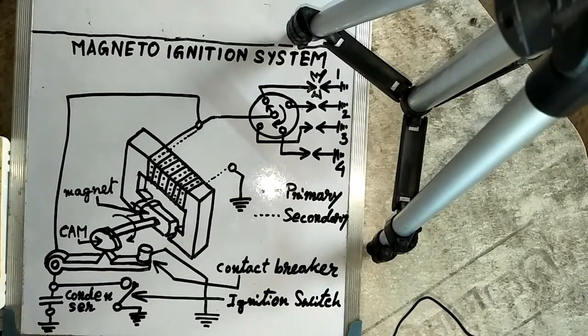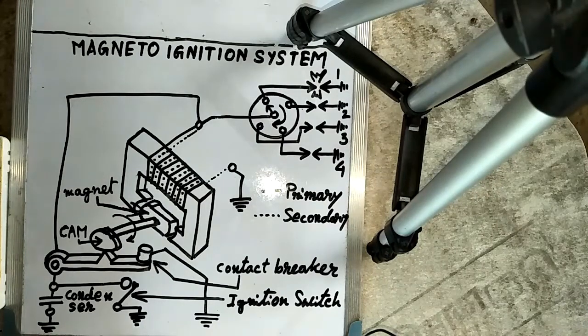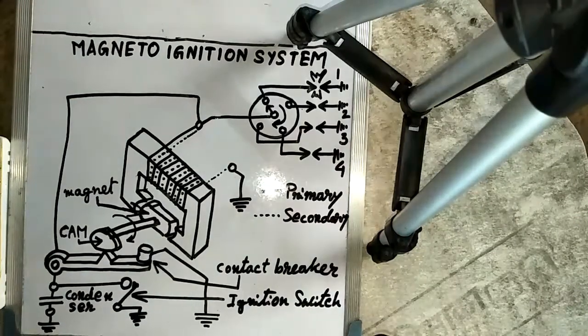The high voltage is obtained with the help of a step up transformer, and these changes have the effect of limiting the high voltage current to a small portion of the ignition system wiring, and thus avoid the possibility of leakage. Okay, so this is the magneto ignition system. The working principle is, as I have described, the same as the battery ignition system. So thank you.